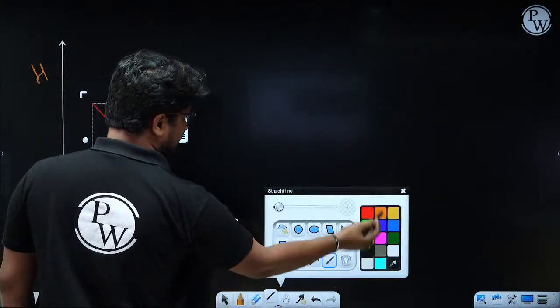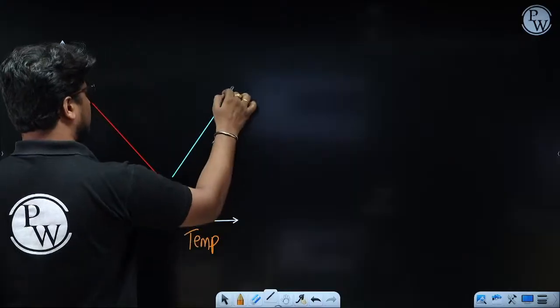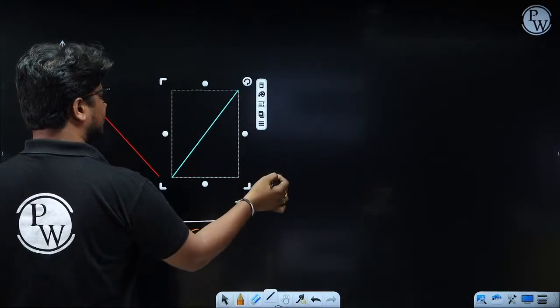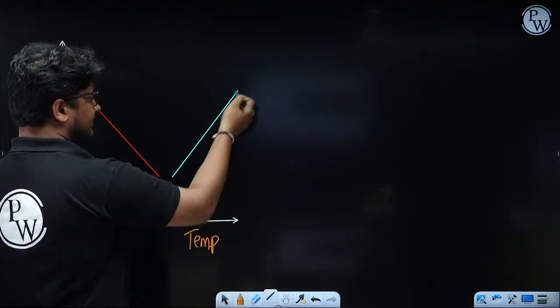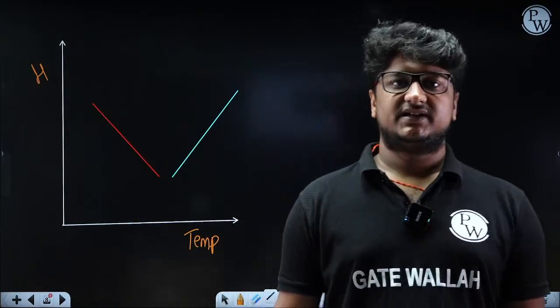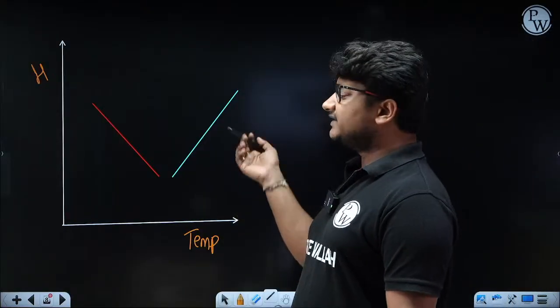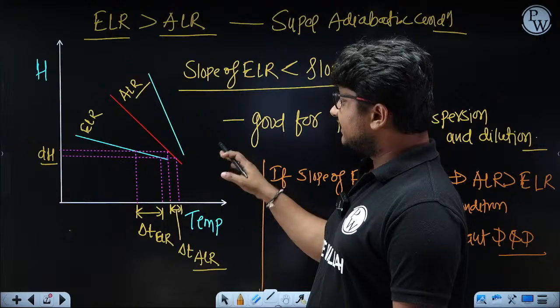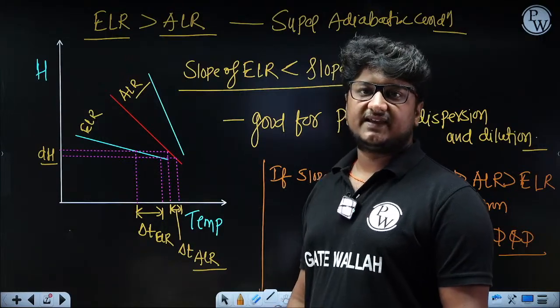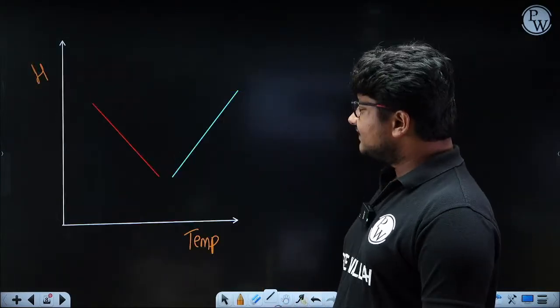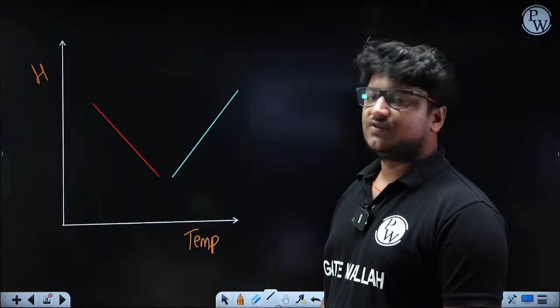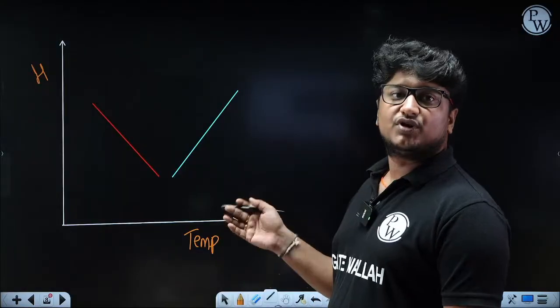Now what happens sometimes, your ELR will look like this. Sir, what is the meaning of like this? That means if you are increasing your height, if you are increasing your elevation, your temperature is actually increasing. In the previous cases, ELR is actually decreasing just like the ALR, but now in this case, your ELR value is something you are getting as positive.